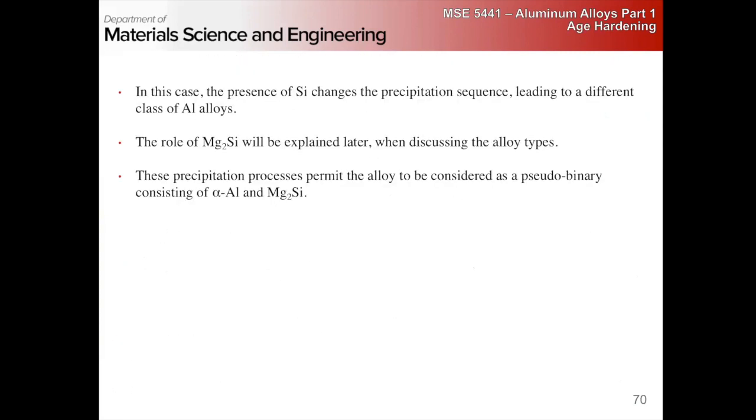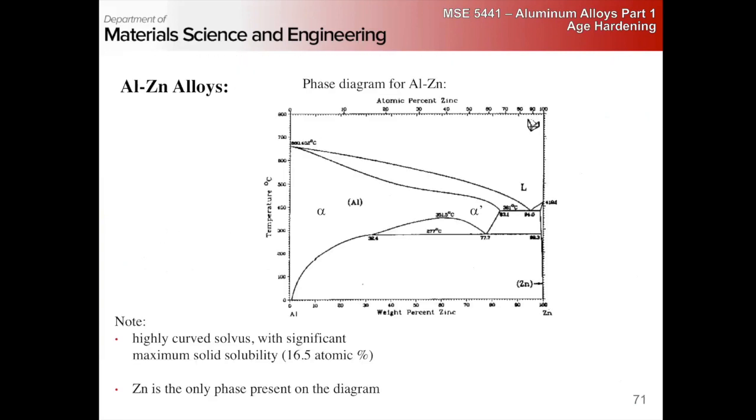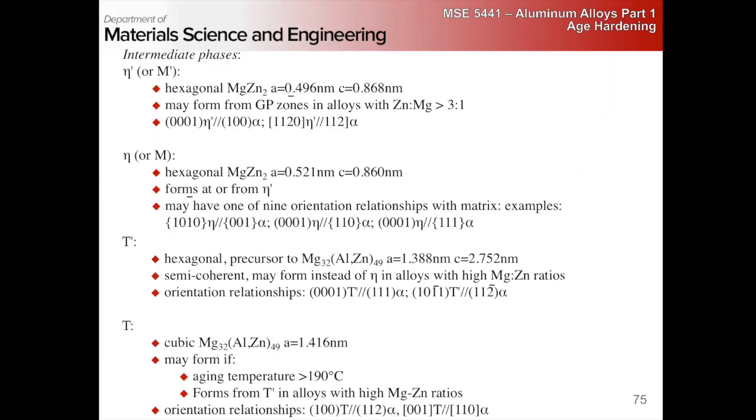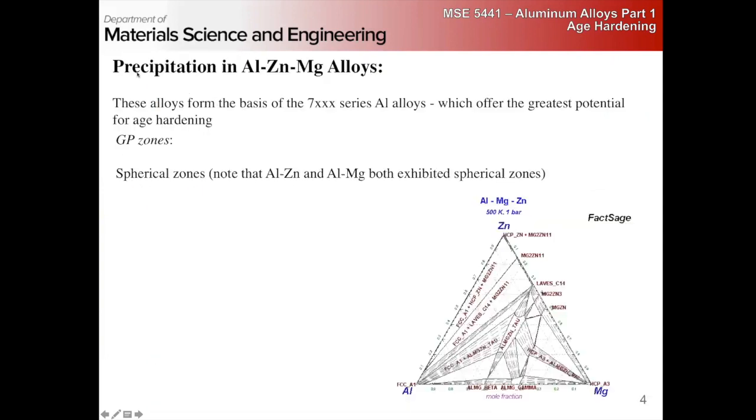And then the individual systems, you don't have to memorize a lot. I'll tend to give you as much information as you need to know. You do not need to memorize the precipitation sequence in aluminum zinc magnesium alloys, the 7000 series alloys.